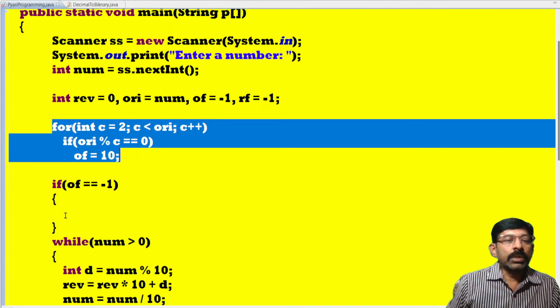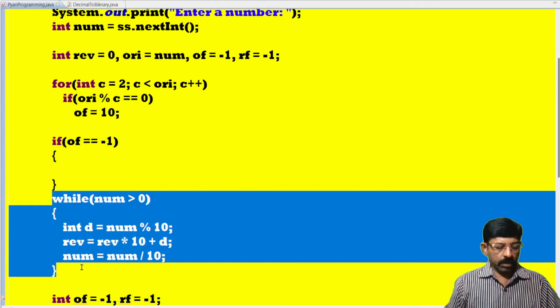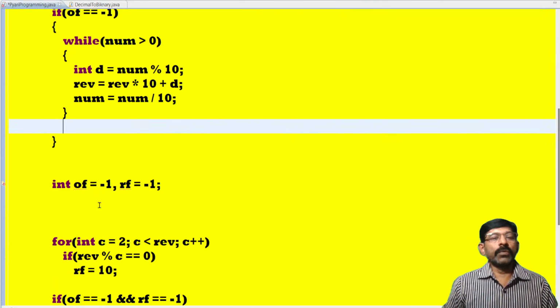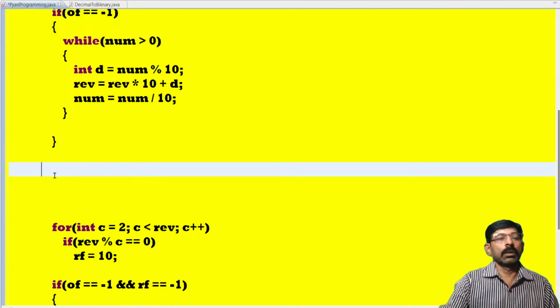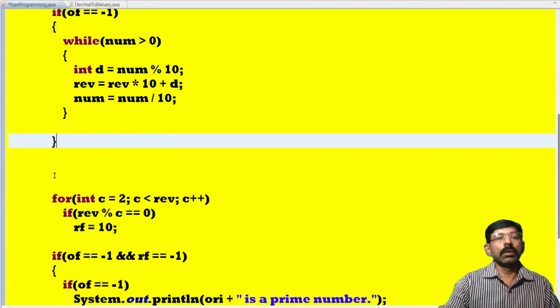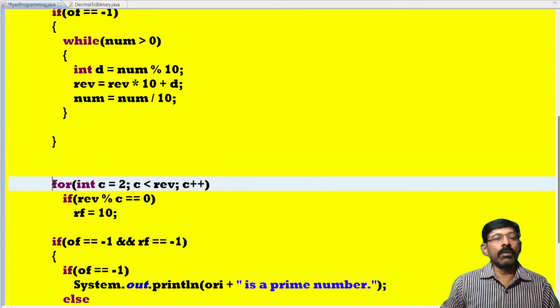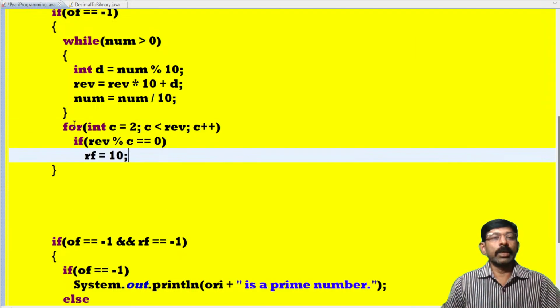If this is prime, then inside it I will get the reverse. After getting the reverse, I will check whether it is prime or not inside this.